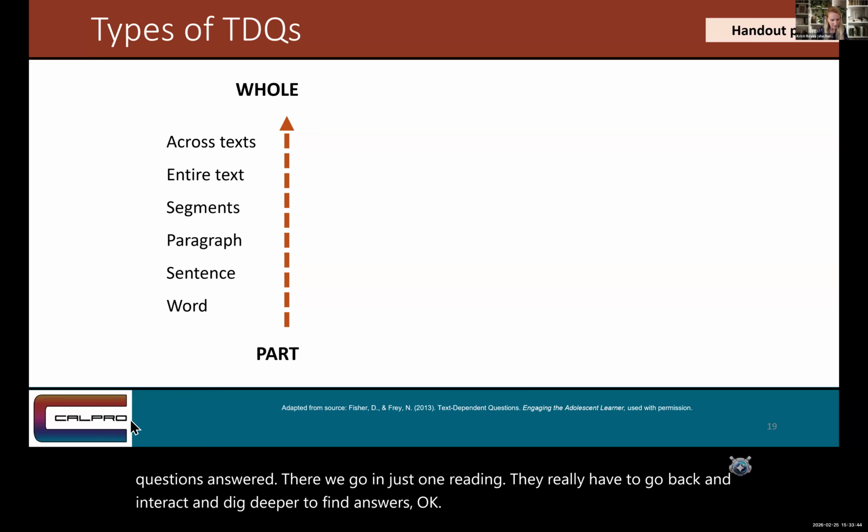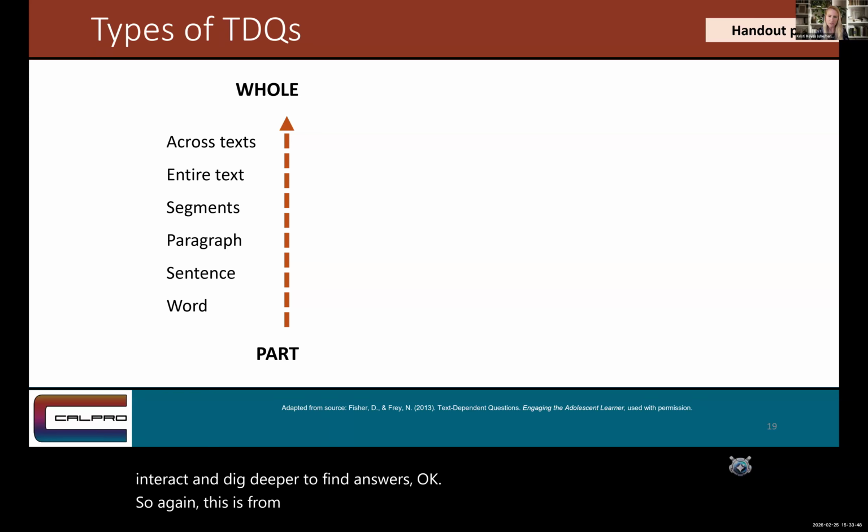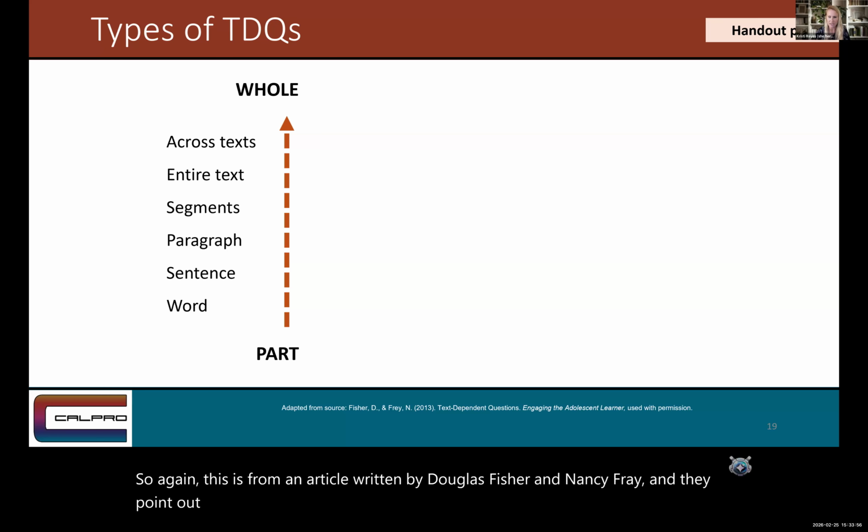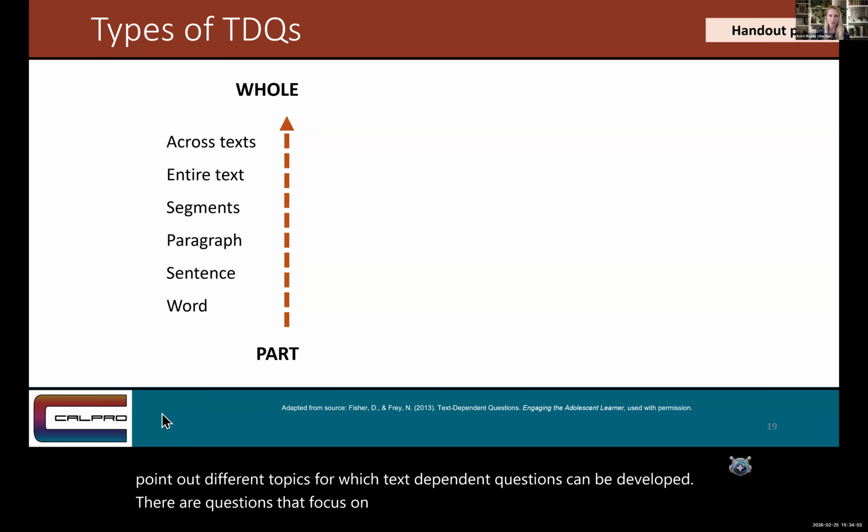So again, this is from an article written by Douglas Fisher and Nancy Frey, and they point out different topics for which text-dependent questions can be developed. There are questions that focus on parts of text and questions that focus on the whole.